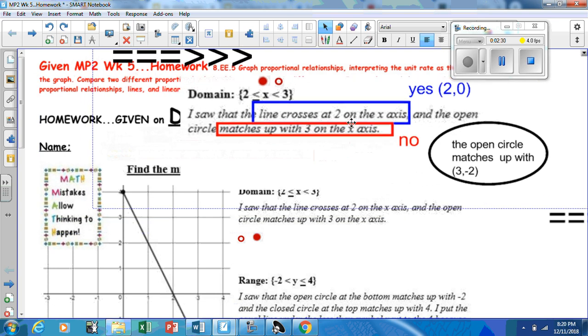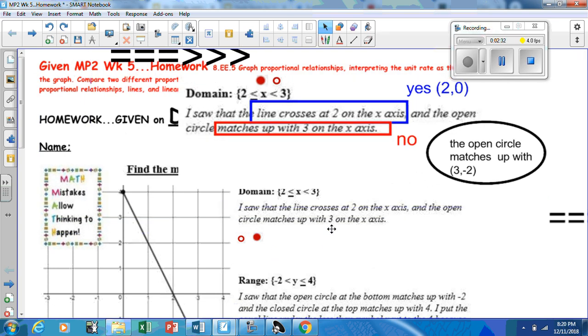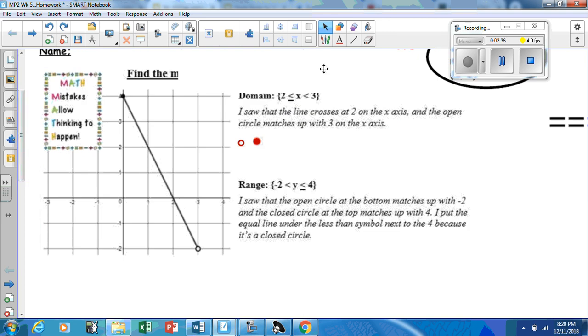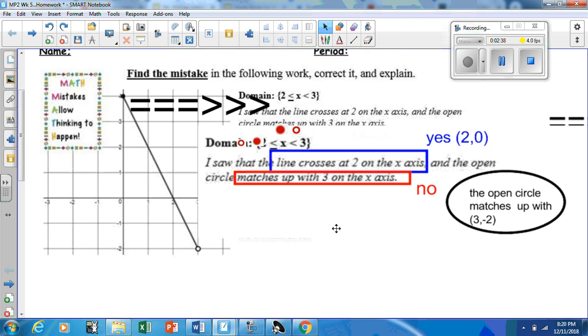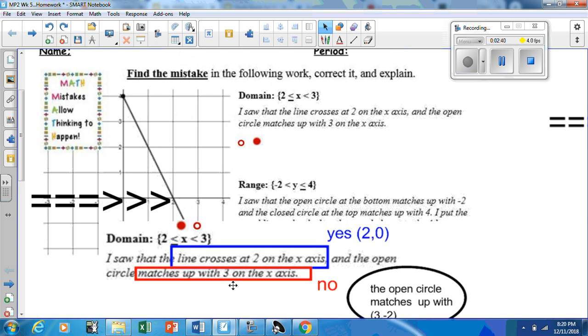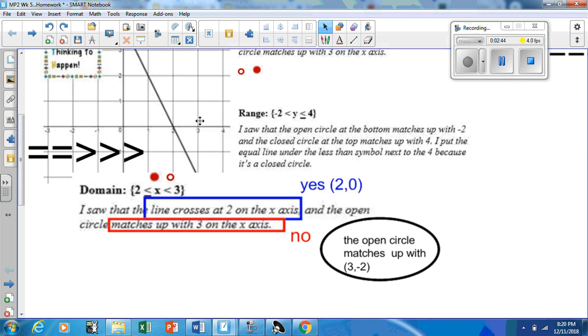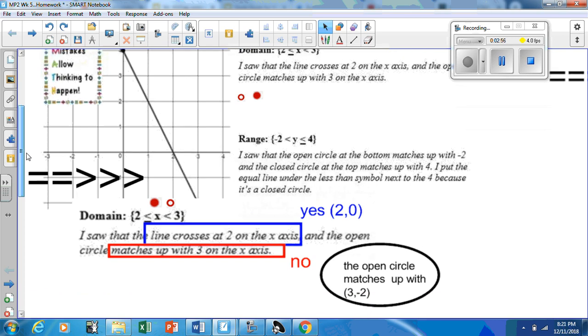Now I said that 2 comma 0 was here, and 3 is here, but we're really looking at 3 comma negative 2. So we're going to say no to that. And we're going to remember that the open circle matches up with 3 comma negative 2.